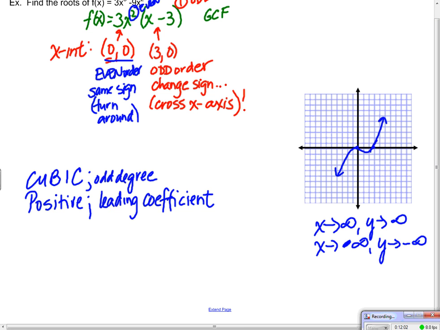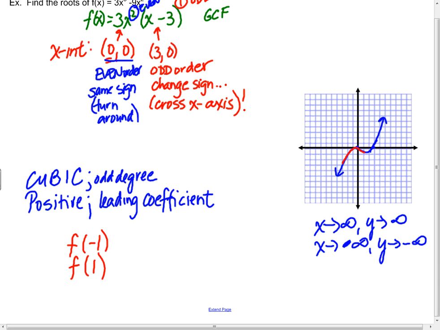To verify what we mean by changing sign, I'm going to look to the left of the 0 x-intercept and just to the right of it and show you that it keeps the same sign. I've said that it's negative on both sides, so my function is negative here below the x-axis and negative here.